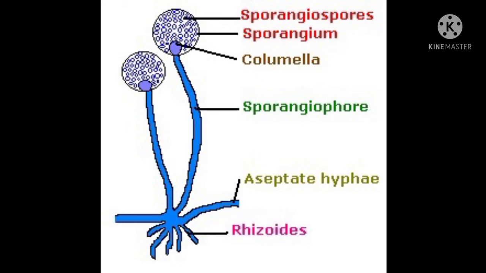The blue color line is the middle part of this fungus, and the rhizoids are there. Rhizoids are like the roots of the fungus, a hairy structure which works as roots, and its function is to anchor the things.